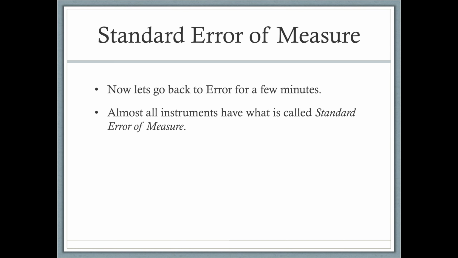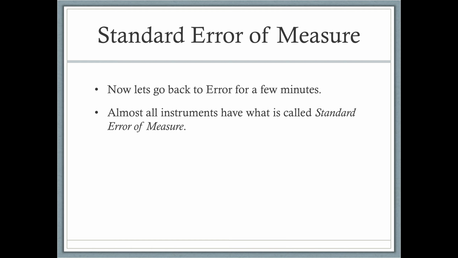So standard error of measure. We got to go back to error. So remember, every test has error. How do you know that your score is being lowered because of error, right? So that example I gave of you went to take the NCE, you didn't sleep, you woke up late, you spilled your coffee, you rushed, the room's cold, you got your score, not what you wanted, and you say, hey, there's error.